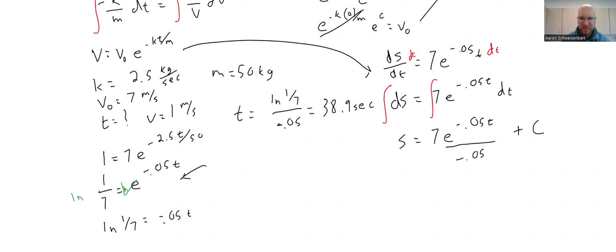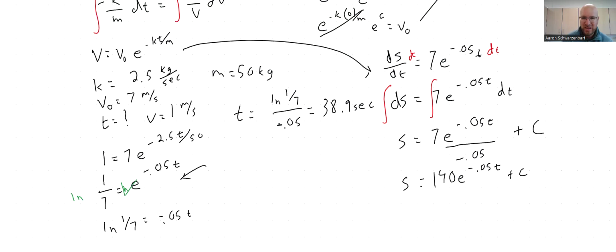Seven divided by negative 0.05 is going to be negative 140. My plus c is just tacked on the end.